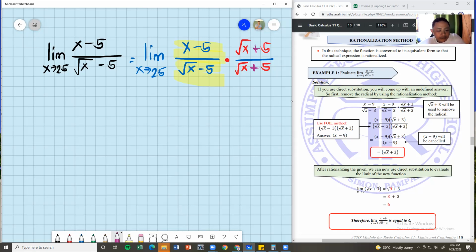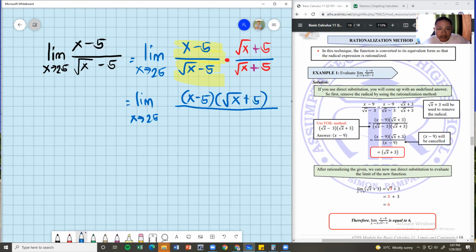Okay. So let's continue. We will have here the limit as x approaches 25. And so now we will end up with multiplying our numerator and our denominator. So we will have here numerator x minus 5 and then the square root of x plus 5. Can you follow? And for this one, the shortcut is that this is actually the same as the sum and difference of two binomials.